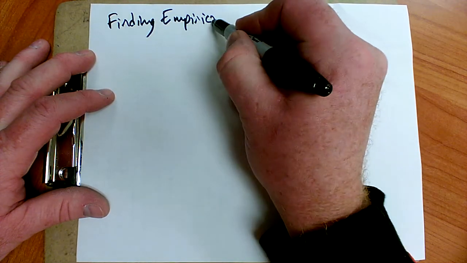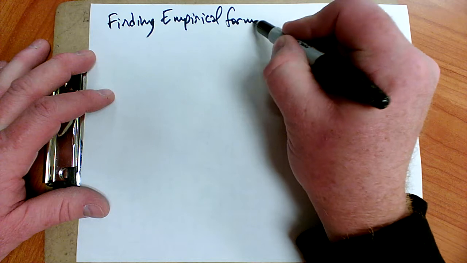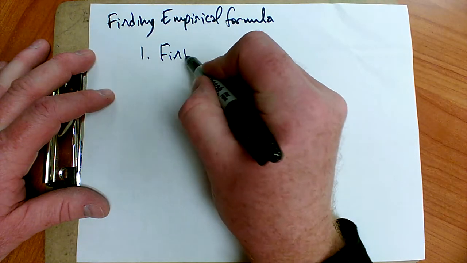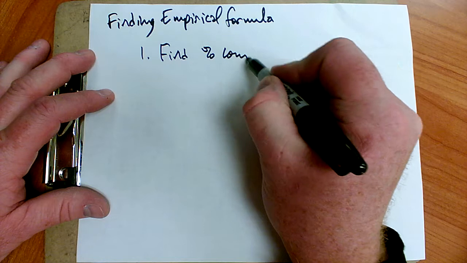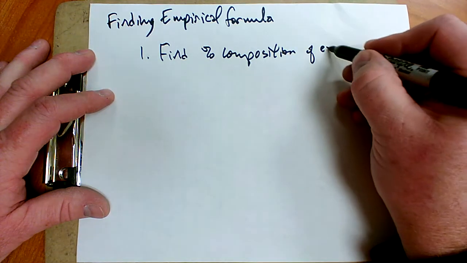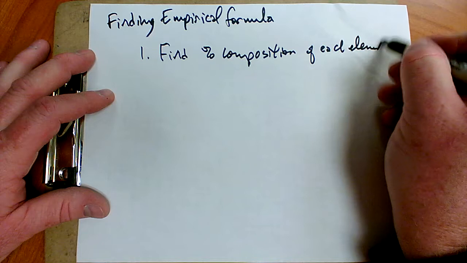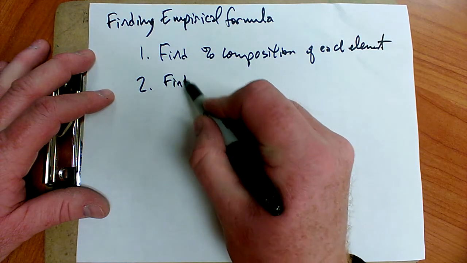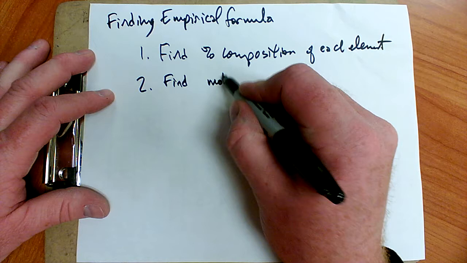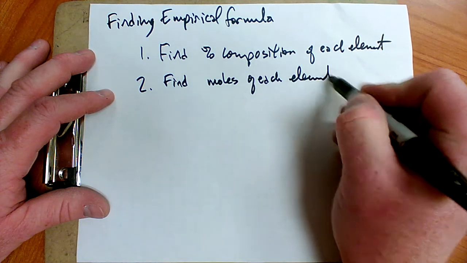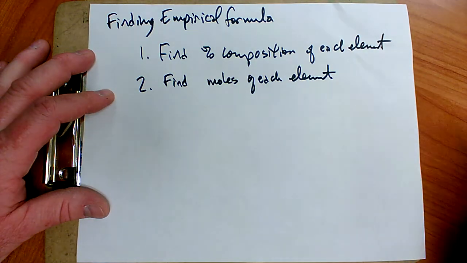So in finding the empirical formula, basically first thing we do is we find the percent composition of each element. Then we find the moles of each element.